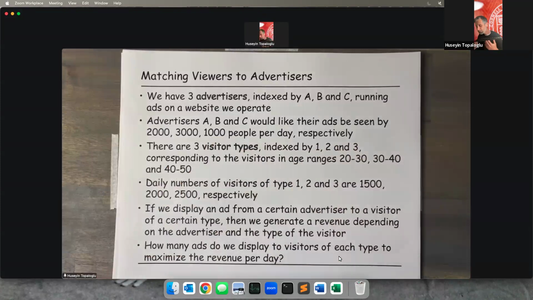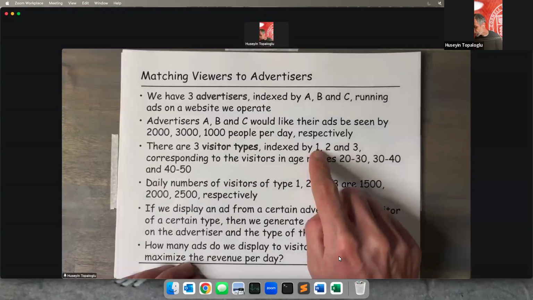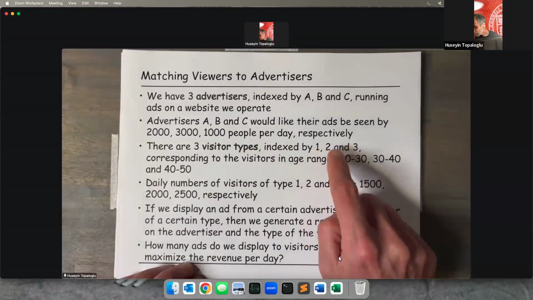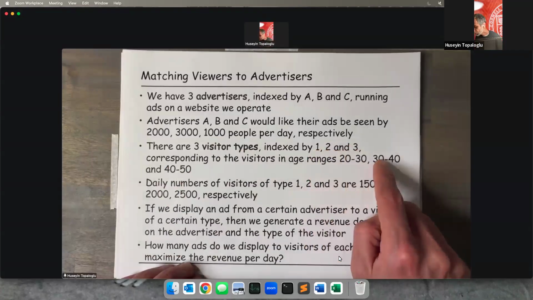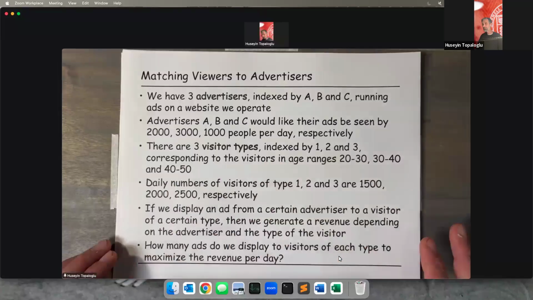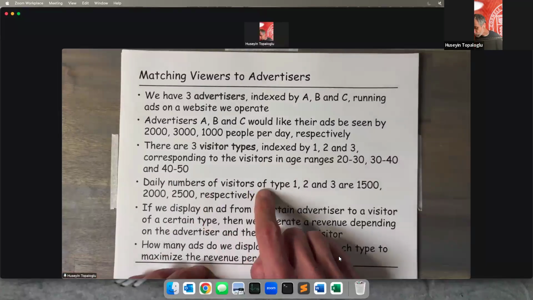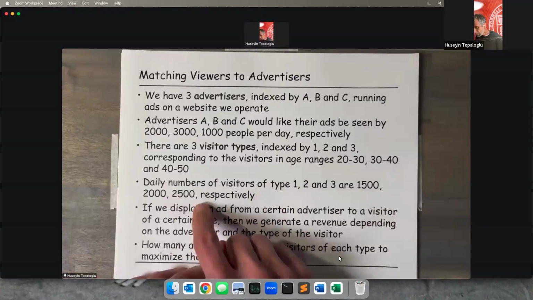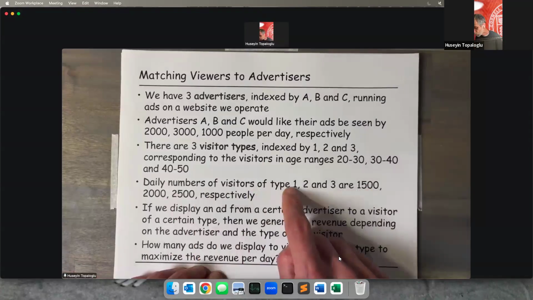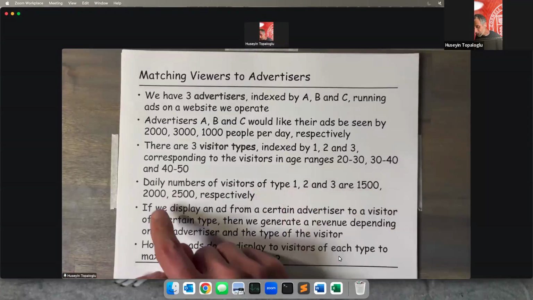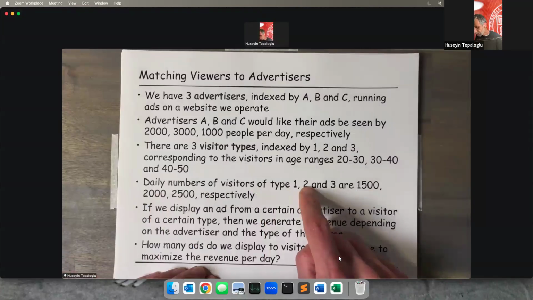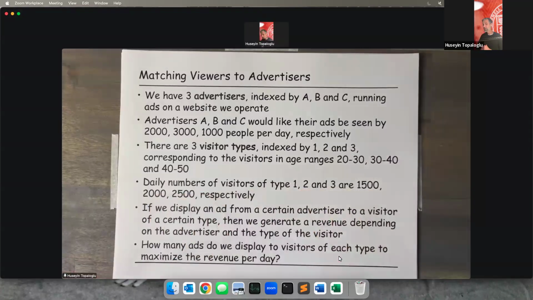The daily numbers of visitors of each type are given by these numbers: 1,500 visitors of type 1, 200 visitors of type 2, and 2,500 visitors of type 3 come to our website daily.